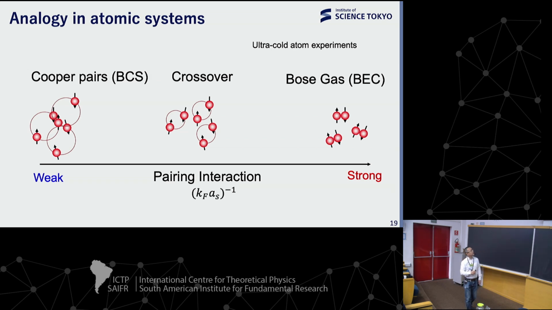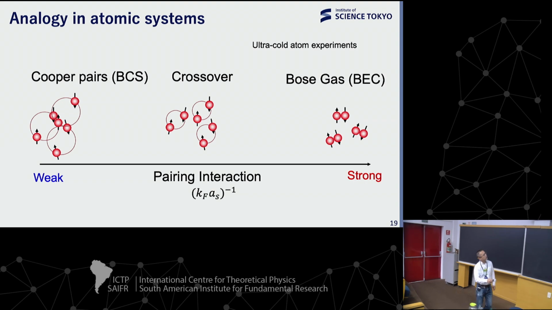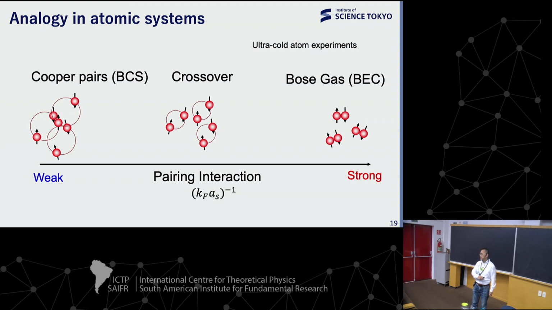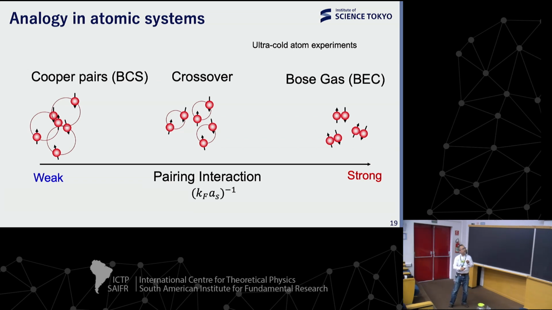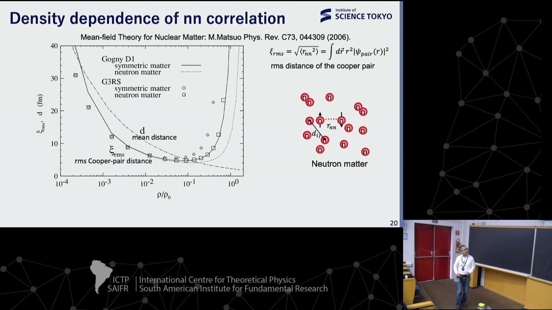And they found that in the weak limit, they have Cooper pairs, BCS-like pairing. But if you go to the strong limit, then they see a Bose gas and Bose-Einstein condensate often occurs. And in between, they see a crossover region, as shown here. So this can happen also in nuclei.